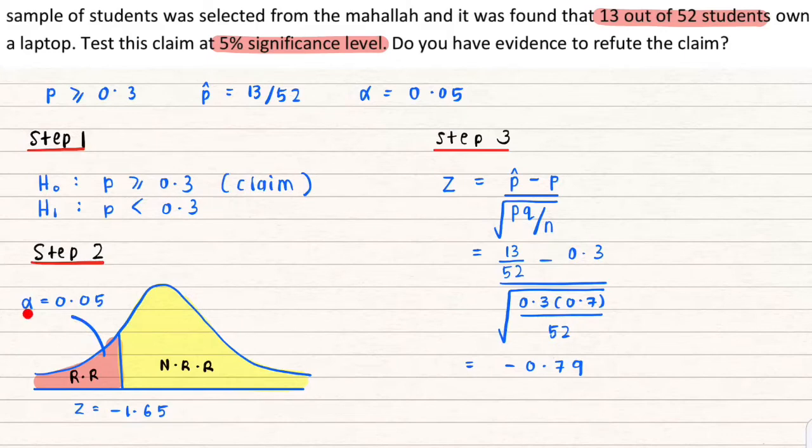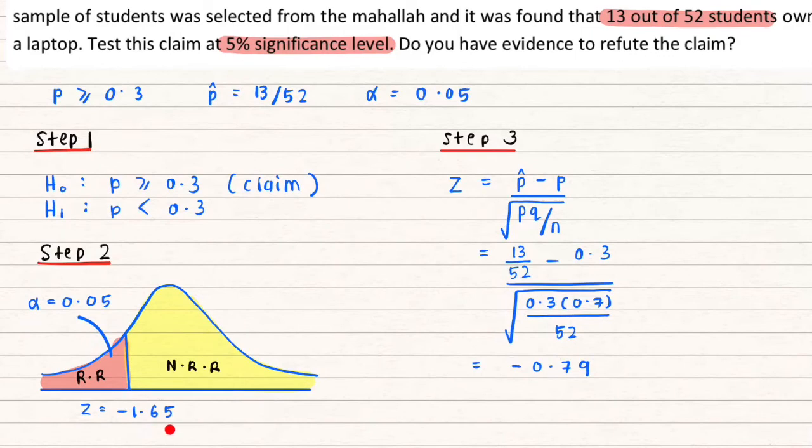The critical value is your Z value, since proportion always deals with the Z value. Refer to the Z table with 0.05 as your probability, and the Z value from your table is 1.65. But you have to put the negative sign because your critical value is on the left side.